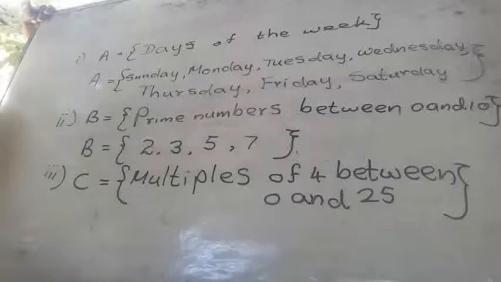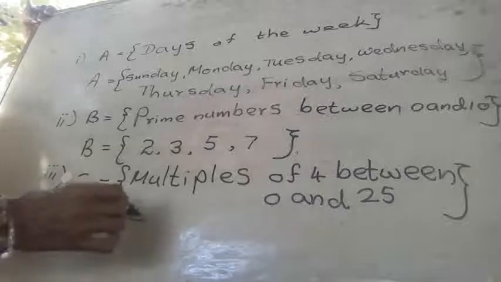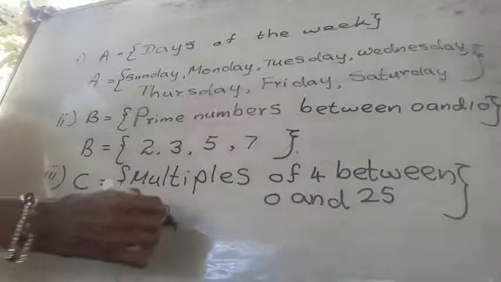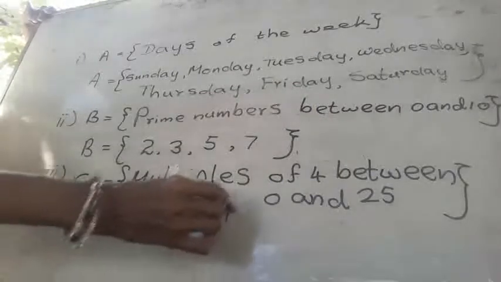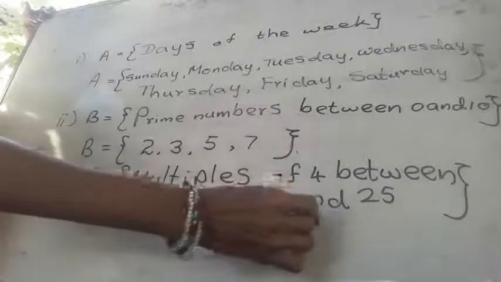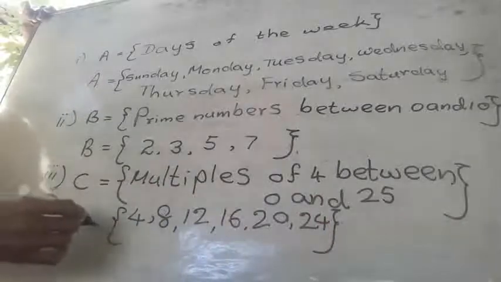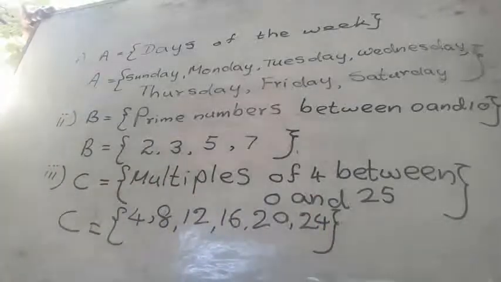Multiples of 4 between 0 and 25: 4 times 1, 4, 8, 12, 16, 20 and 24. They are the elements.